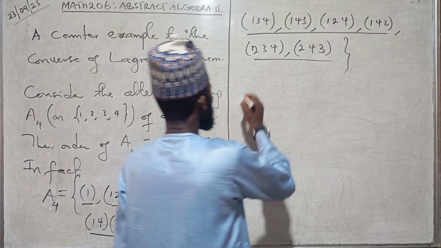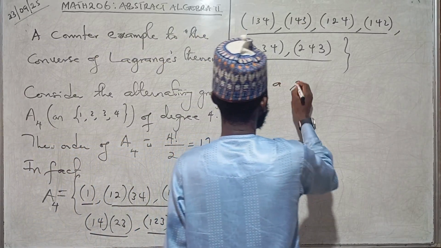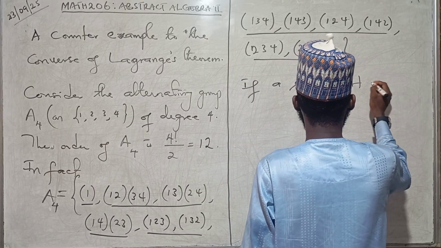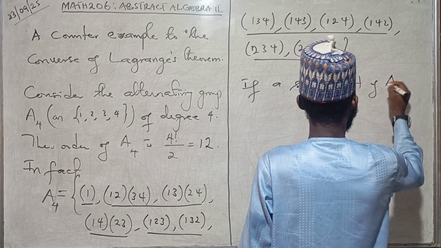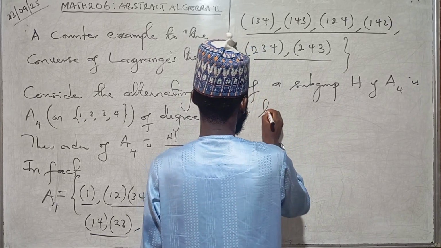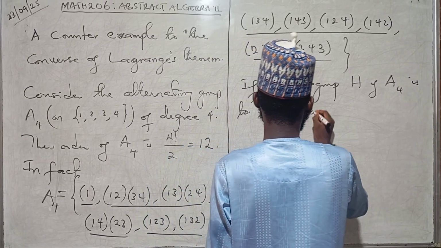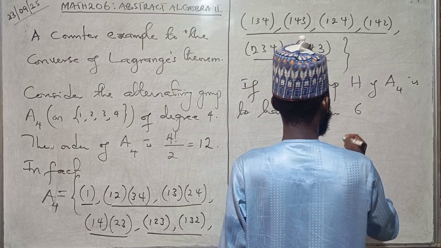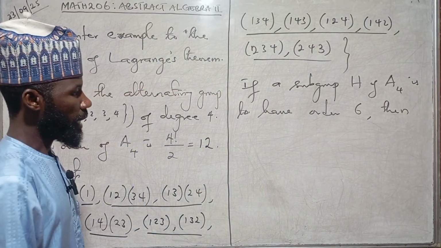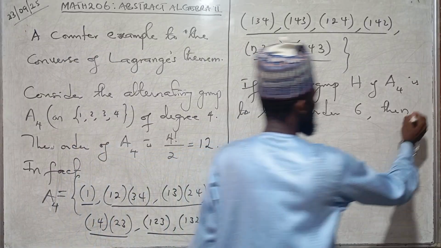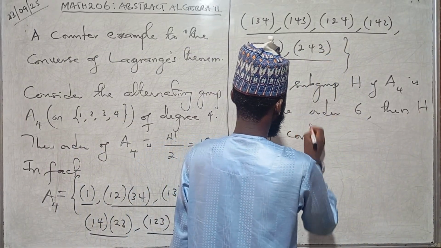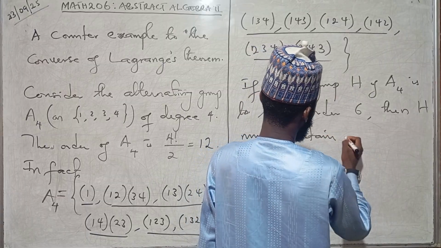So if a subgroup H of A4 is to have order 6, then H must contain the identity.